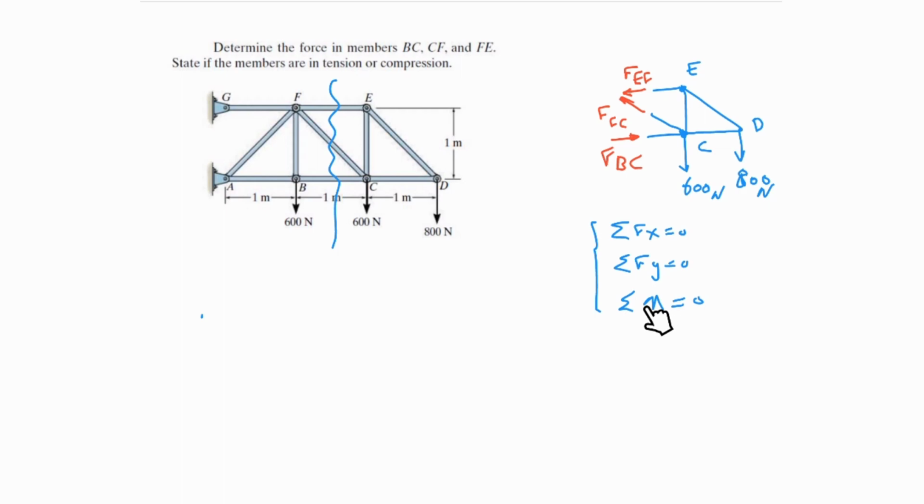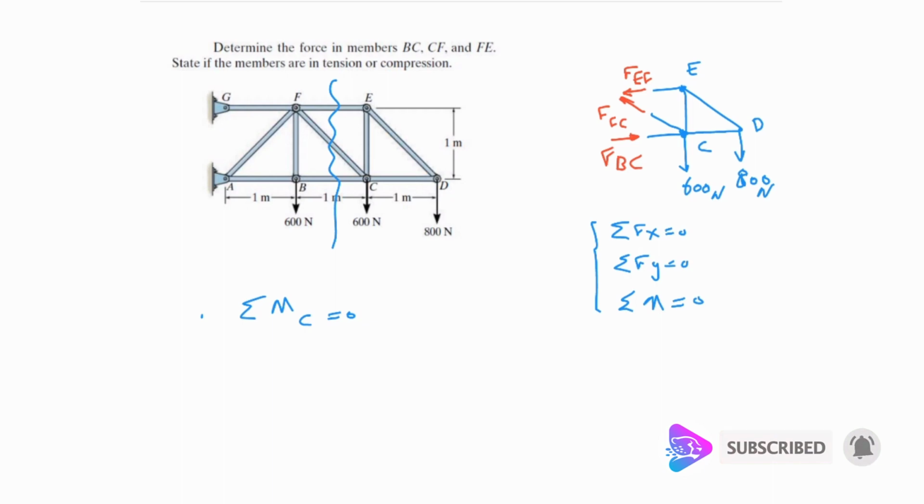It makes the problem much easier, and the point we take the moment around is the one reducing the number of unknowns. For example, if you take the moment around point C, two of them would be deleted automatically because they don't have any arm around point C, and we can find this.